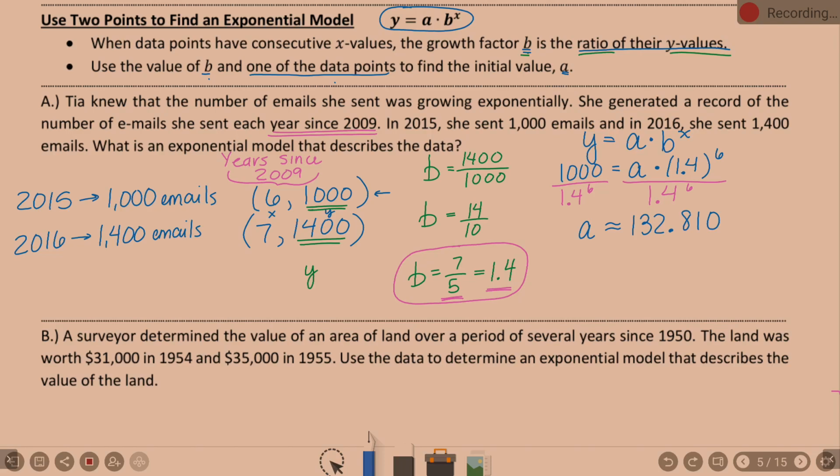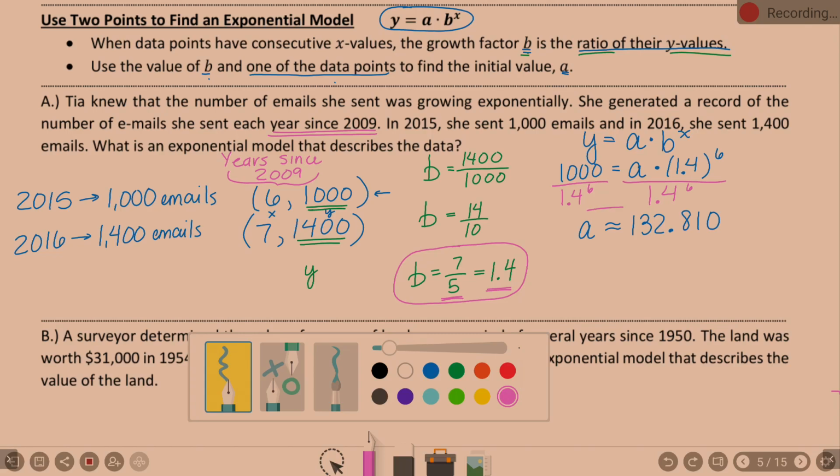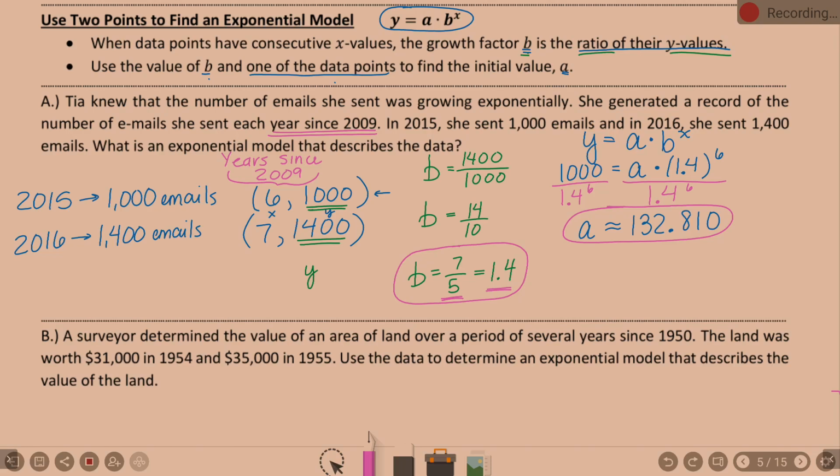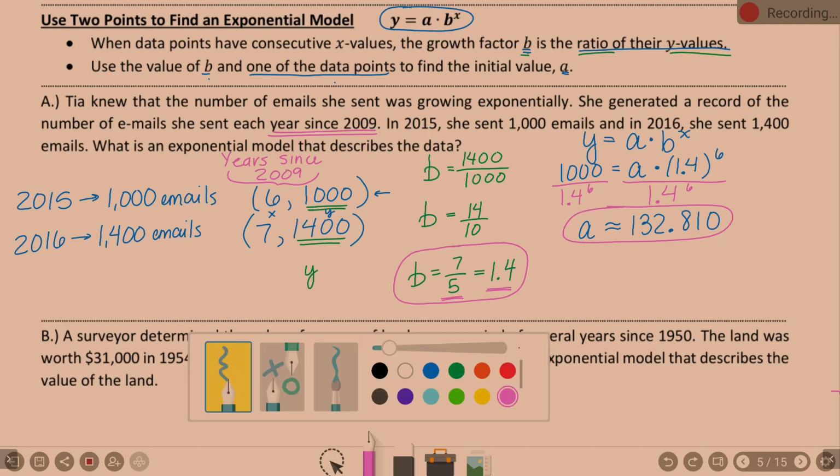And what did we just find? That is our A value. Okay? We found A. We found B. What was our directions? Our directions is to write an exponential model.